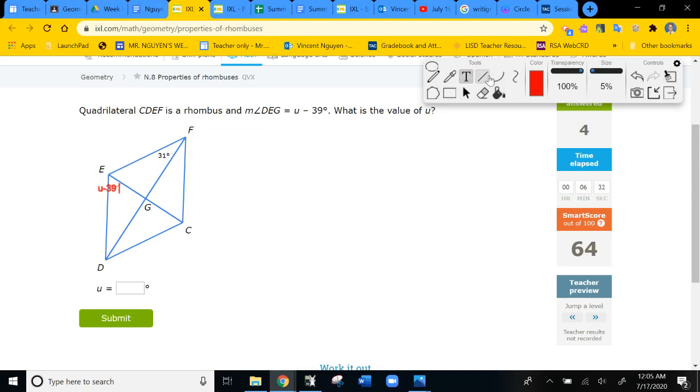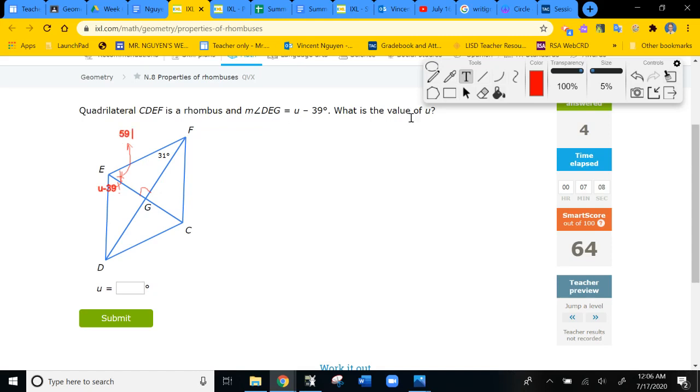Well, we've done problems before where we said this angle is congruent to this one over here on the other side. So technically I can find this angle over here because this is 90 degrees. I can find this angle and set it equal to U minus 39. So let's find out what that angle is. It's 90 minus 31, which happens to be 59.